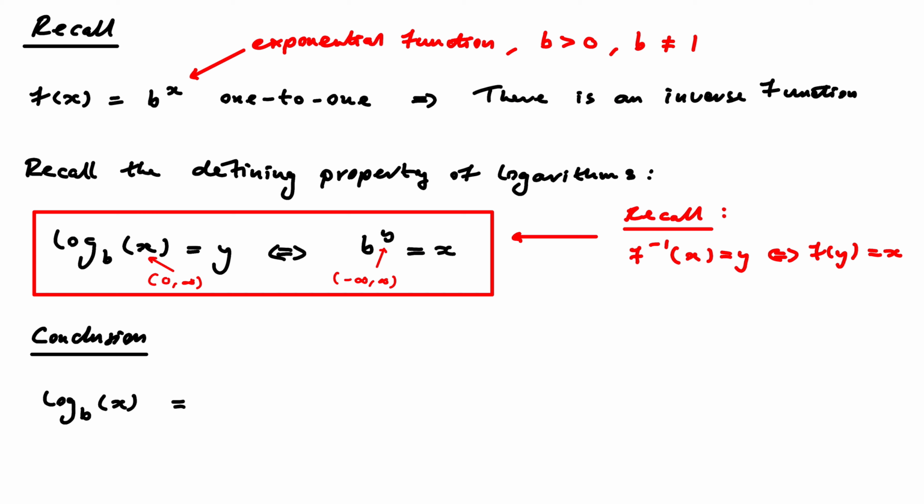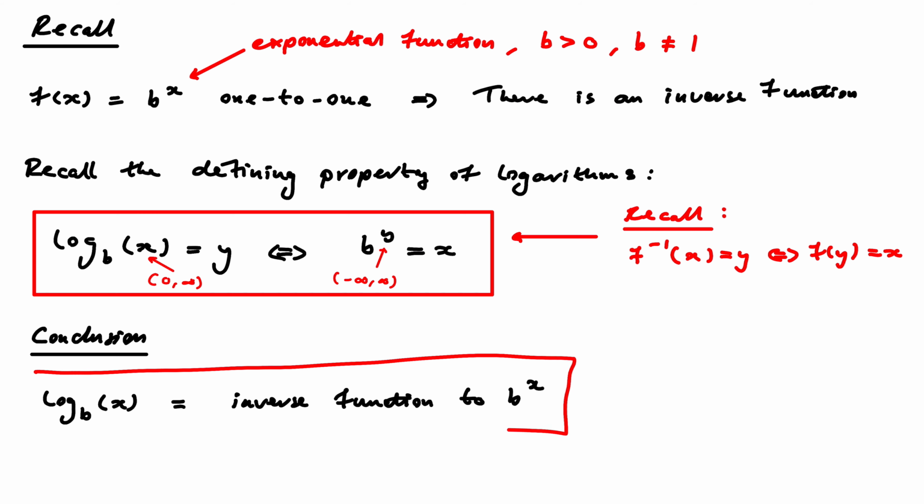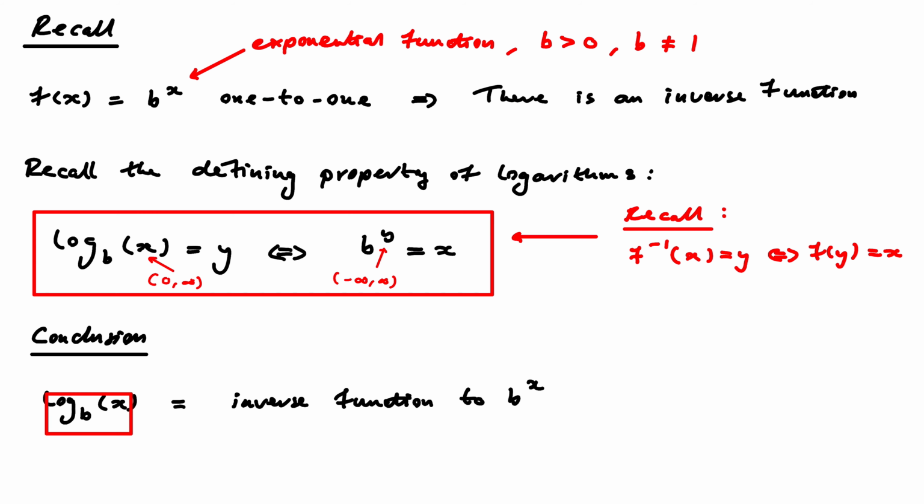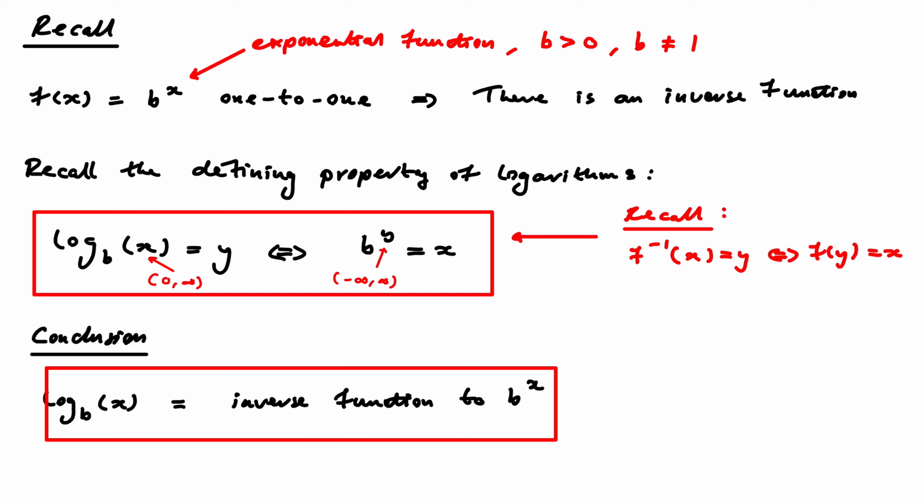Different values for given inputs. This is the inverse function to b to the x. The defining property of the logarithm, this first red box I've written, is literally the statement that the logarithm is the inverse function to b to the x.